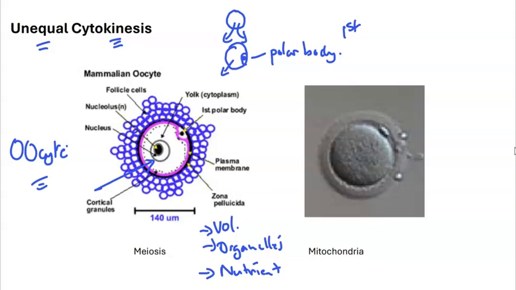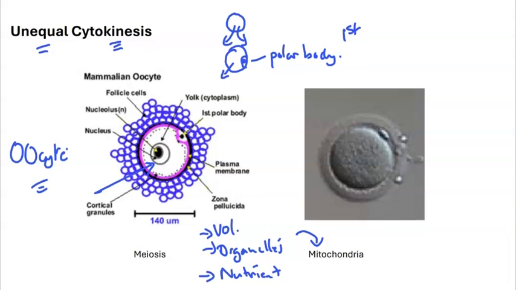And so the organelles, of course, would include such things as the mitochondria. And so that's the reason for the uneven division, is to have a larger cytoplasmic volume with all the organelles confined to one cell. And here's an actual image of the structure at 140 micrometers.